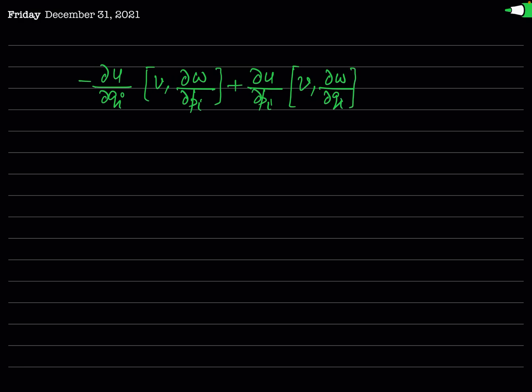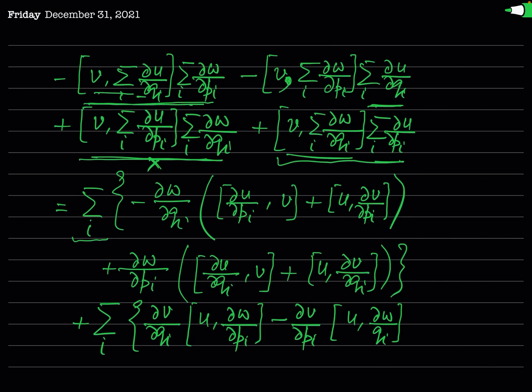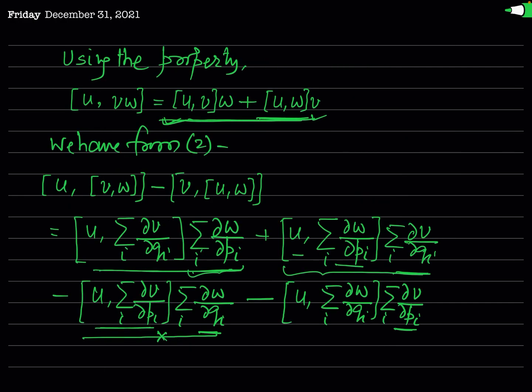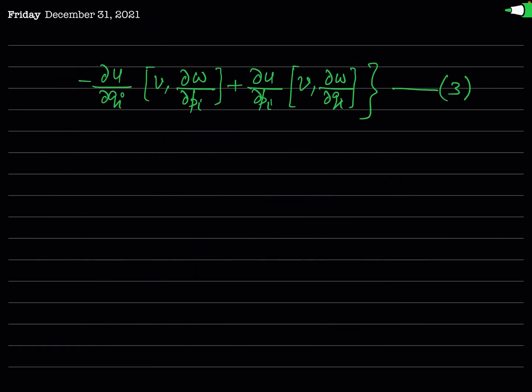Say this is your equation 3. So you can see, using this property of Poisson bracket, I have simplified the expression. Now we will simplify this result by using a very important identity.